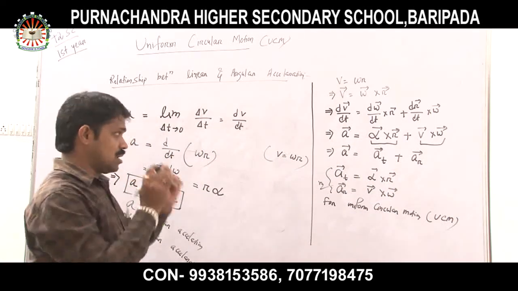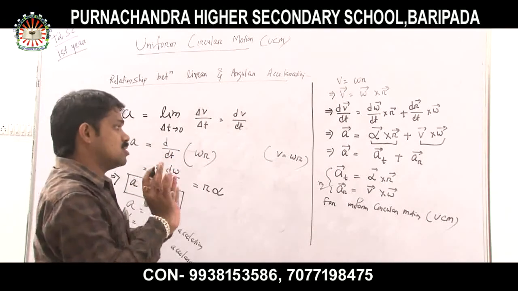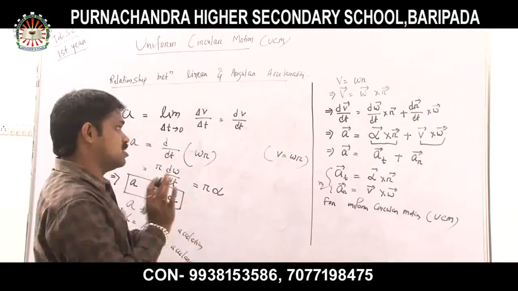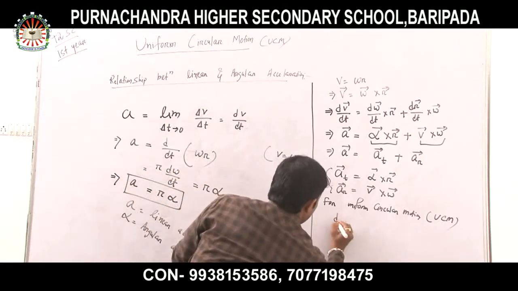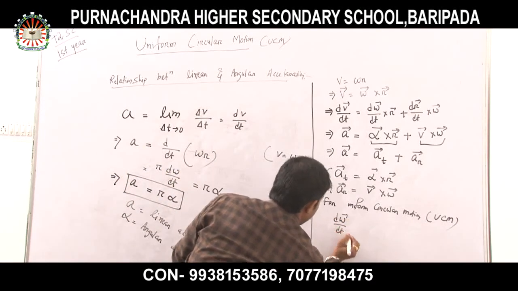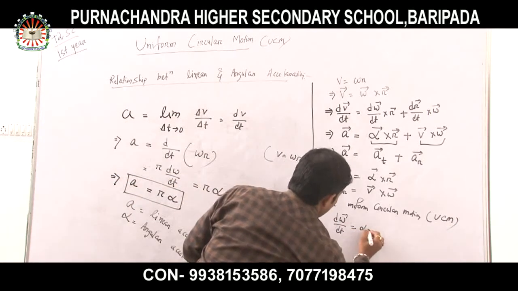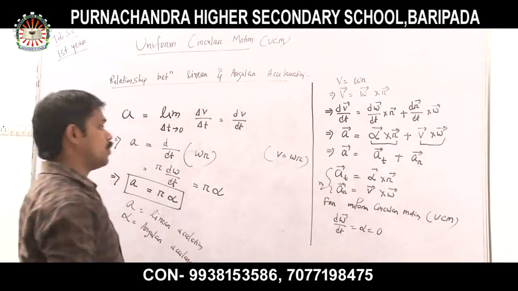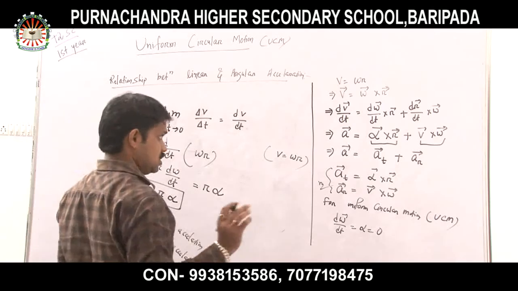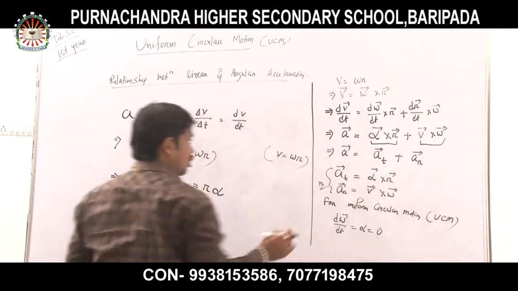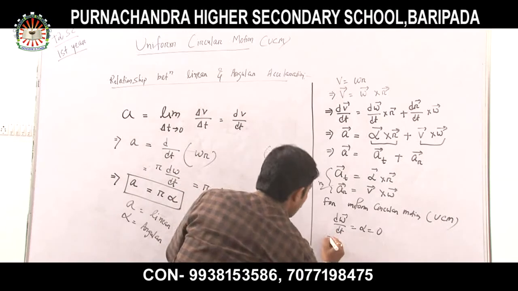For a uniform circular motion, omega becomes constant, the speed becomes constant, so d omega by dt, that is alpha, is equal to 0. That's why the tangential component, a_T, becomes 0.